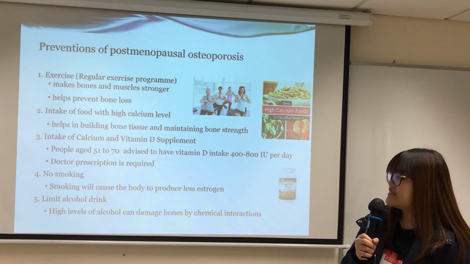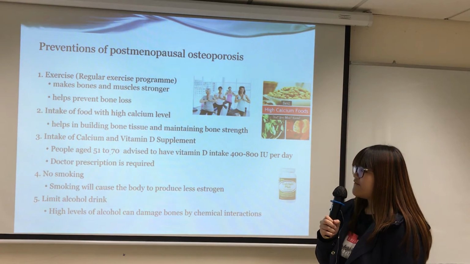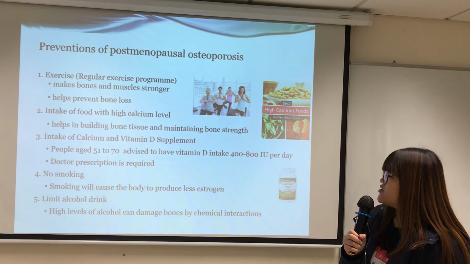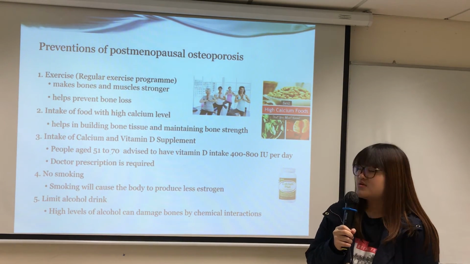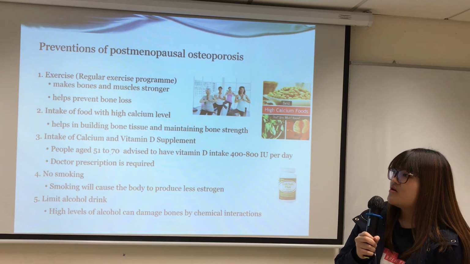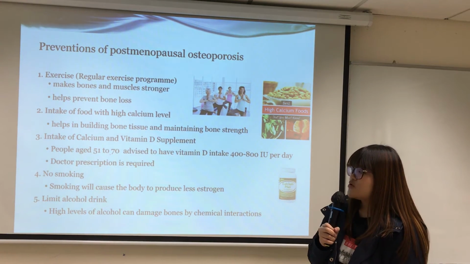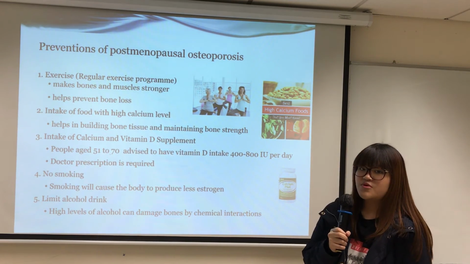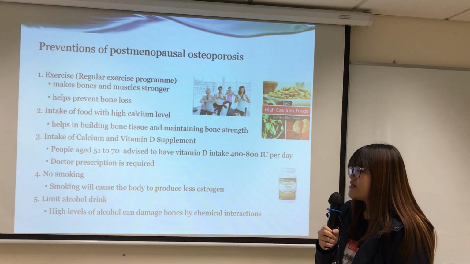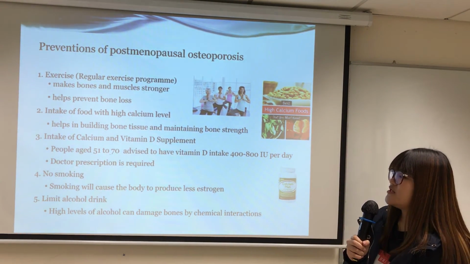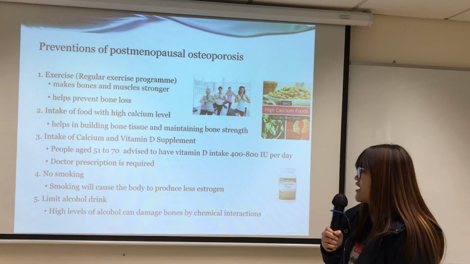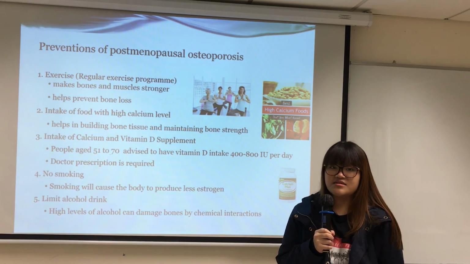People aged from 57 to 70 are advised to have a vitamin D intake of 400 to 800 IU per day, and a doctor's prescription is required to prevent overdose. And no smoking, as smoking will cause the body to produce less estrogen. Lastly, people should limit alcohol drinking, as high levels of alcohol can damage bones by chemical interactions.